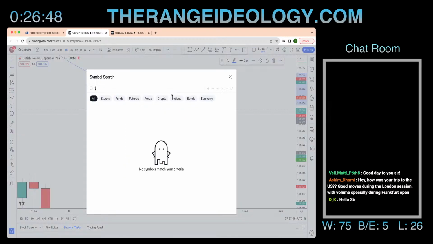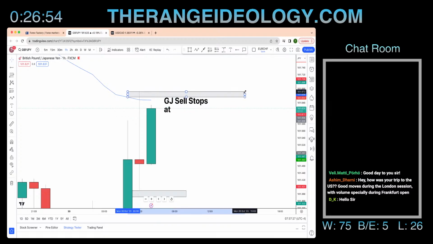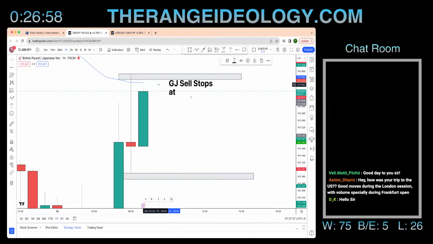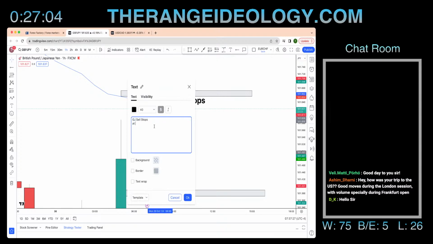So let me go ahead and write out the text for the sell stops here. So sell stops would be, what is the EMA right here? 181,650. I think that's a good area. 181,650.